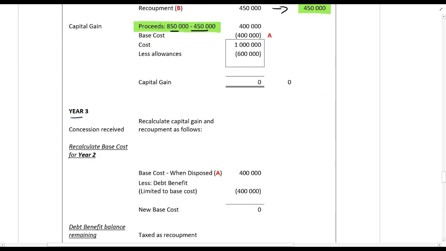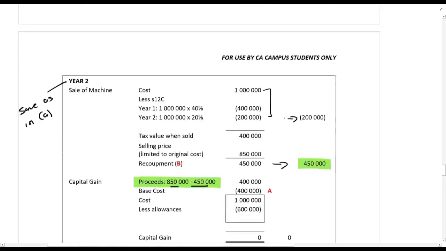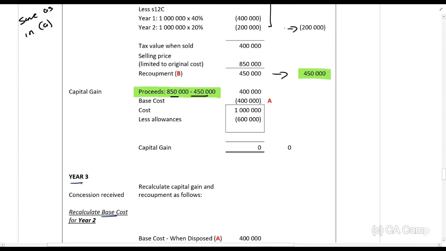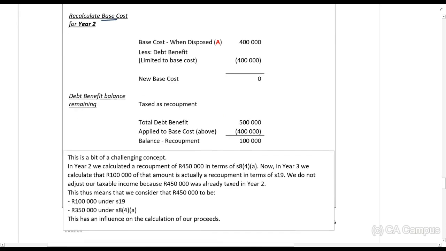Now in year 3, we receive our debt reduction. So now we have to go back to year 2 and redo it. The first thing we do is recalculate the base cost. In year 2, our base cost was 400,000, remember? We now take our 500,000 rands debt benefit, and we take 400,000 of that, and we reduce our base cost to nil.